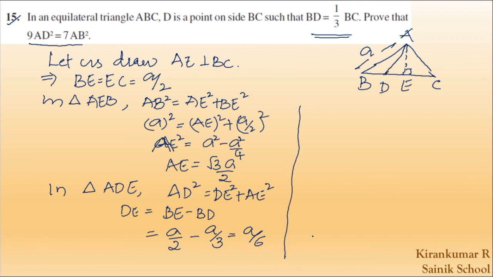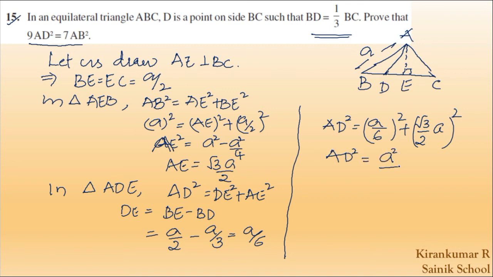So let me continue here. So the length of AD square will be, instead of BA, I can substitute, instead of DE, A by 6 whole square, plus instead of AE, in the previous we have got root 3 by 2 A. So substitute that, we get AD square as A square by 36 plus 3 times A square by 4.